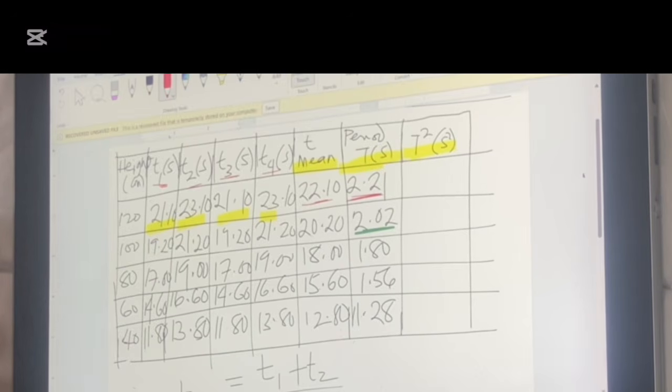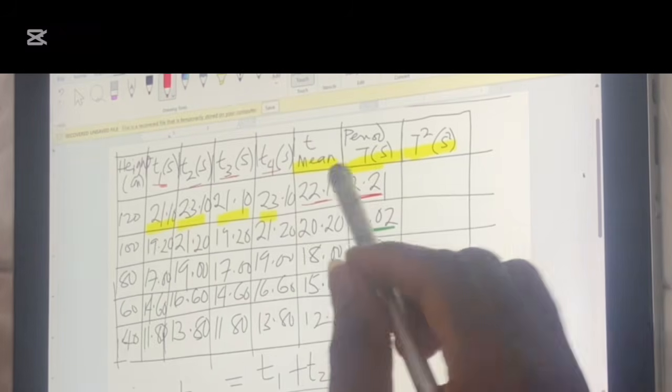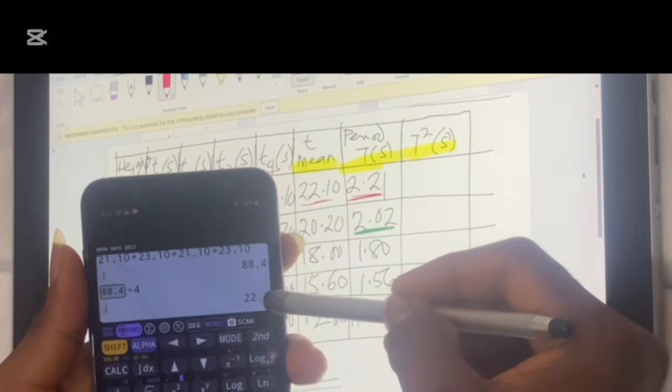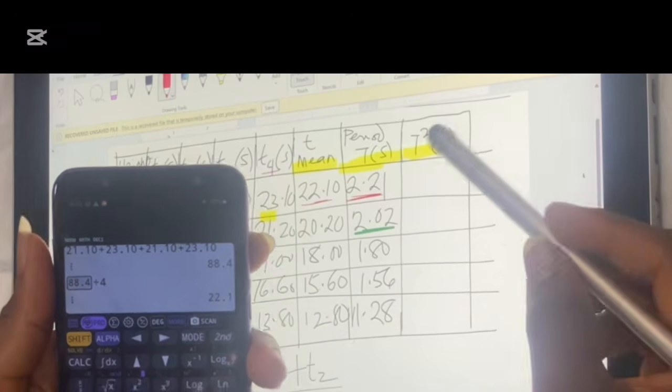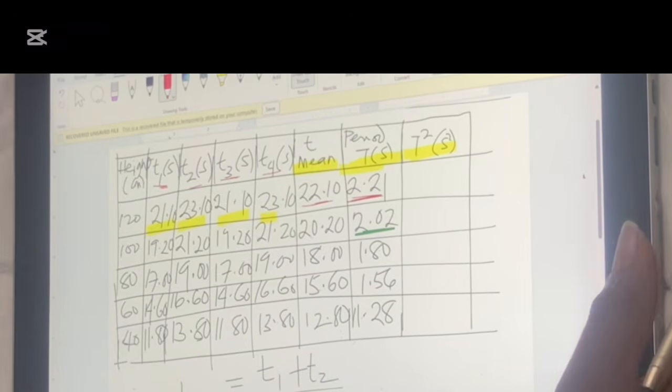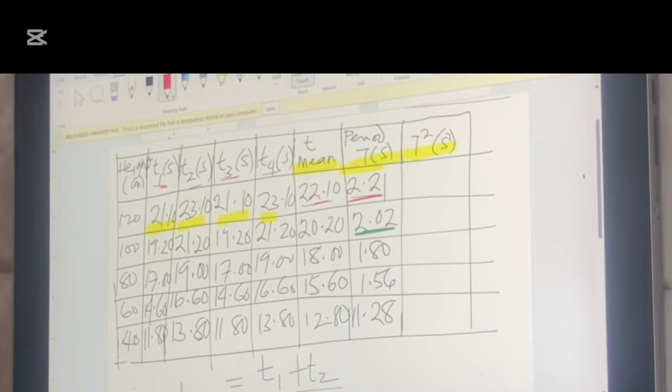Okay, divide by 4. So the answer, you can see here, is 22.10.